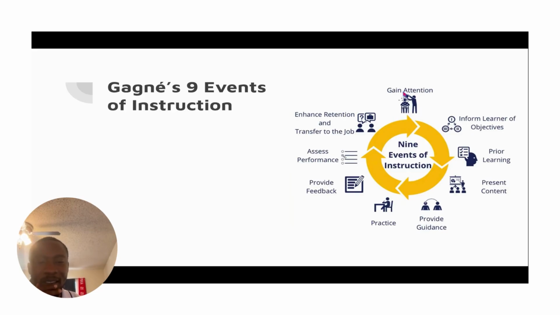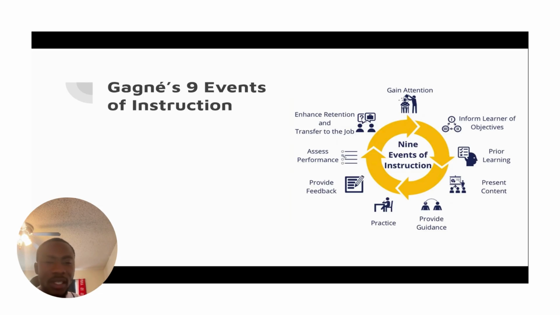We have gaining attention, informing learners of objectives, and prior learning, and this is in a cyclical form as we can see here. So we can start from here, that is gaining the attention of the learners, informing learners of objectives, then moving on to prior learning, that is relevant previous knowledge, what we already know before.